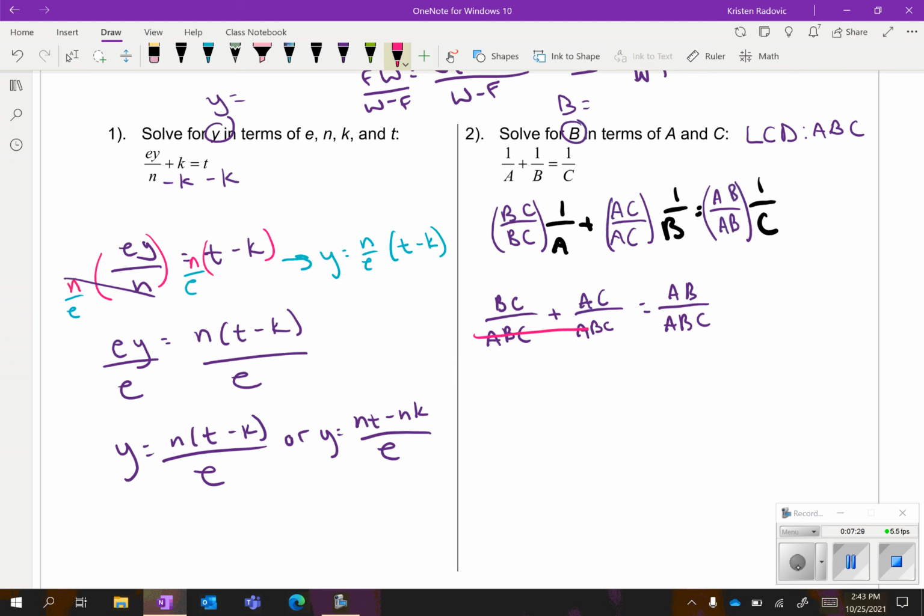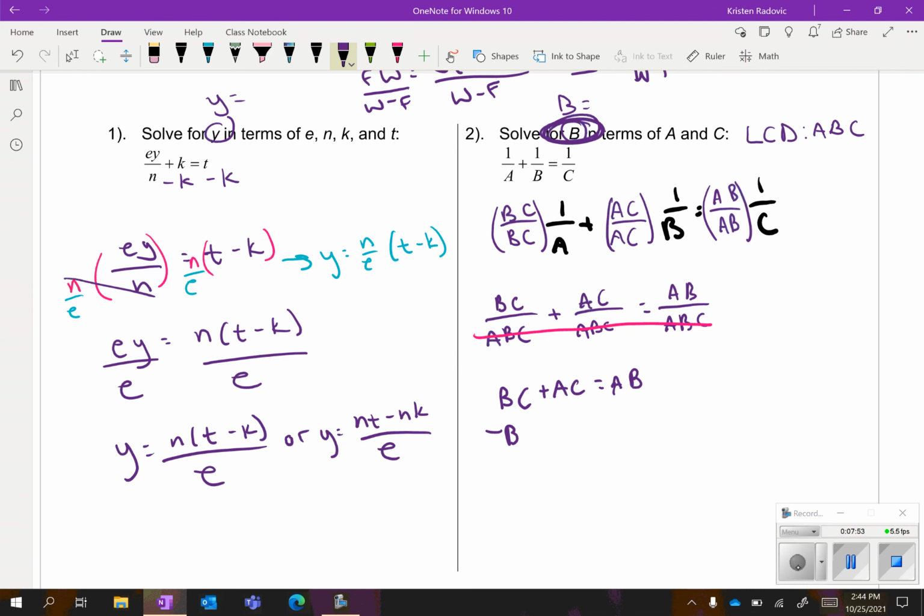I'm going to bring my BC over to the right, but if you wanted to, you could have brought the AB to the left. Now I'm going to have AC equals AB minus BC, for which now there is a GCF because they both have a B in common.